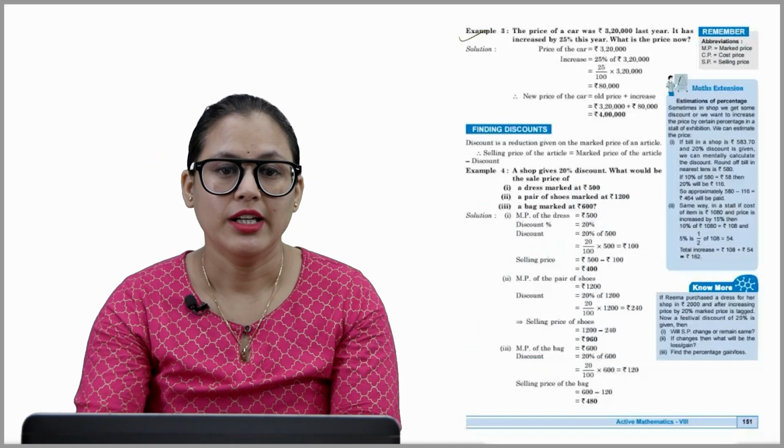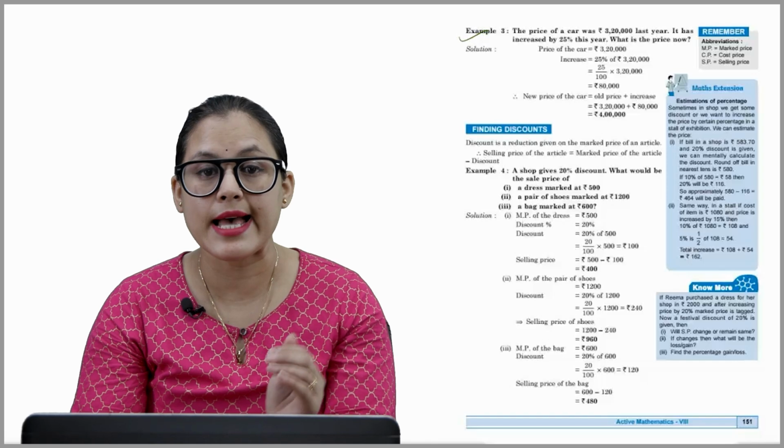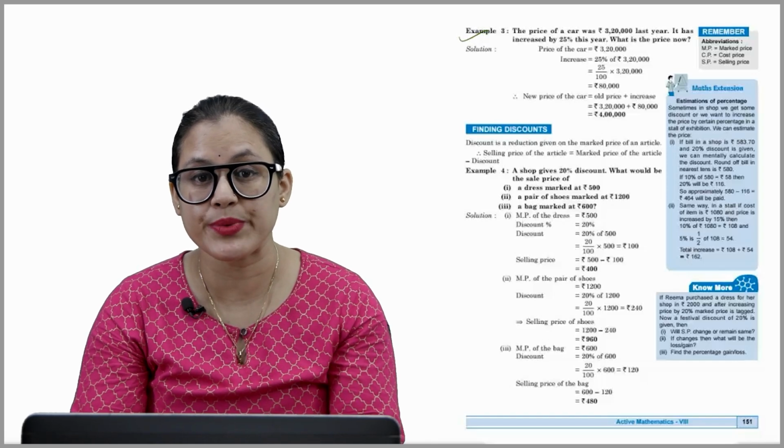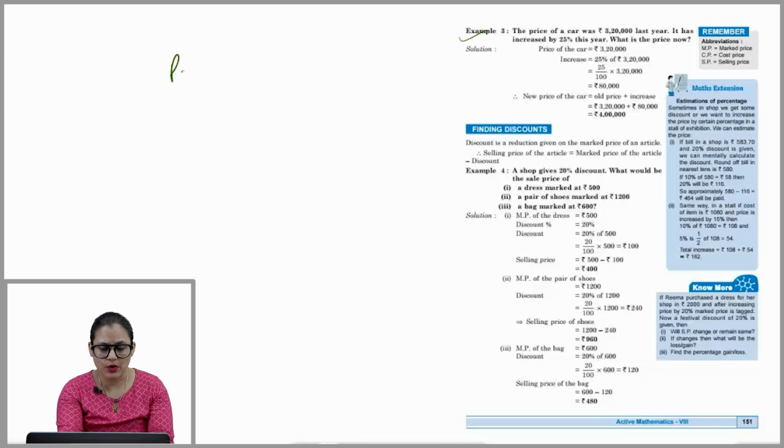Example 3. The price of a car was 3,20,000 last year. It has increased by 25% this year. What is the price now? Price of car was how much? 3,20,000. But this year, the price has been increased by 25%. So, how much is the increase?